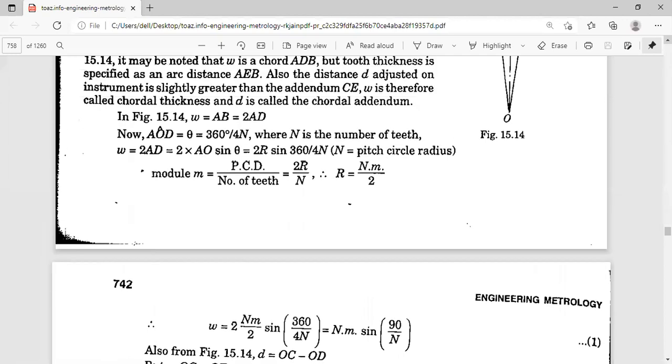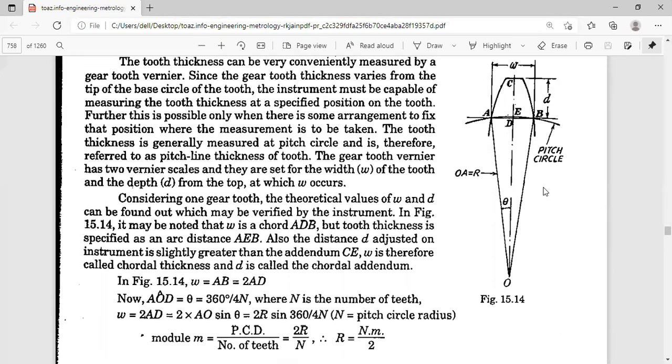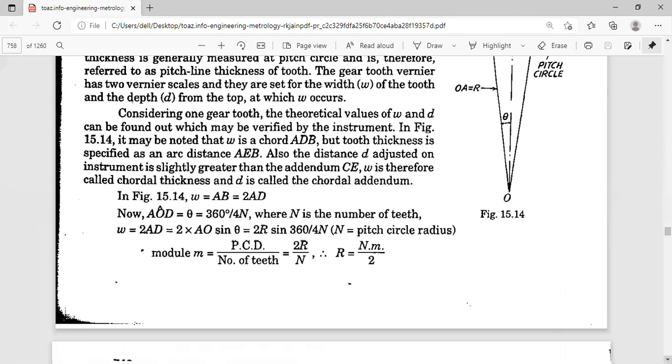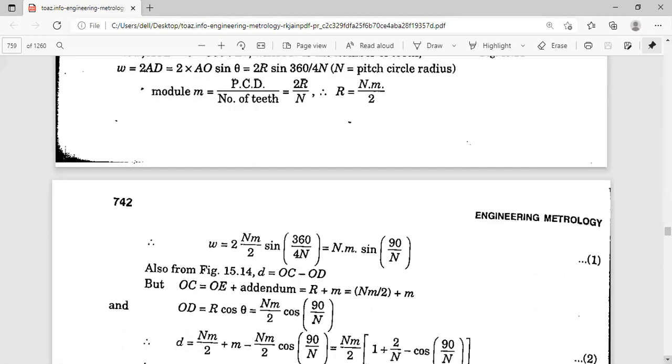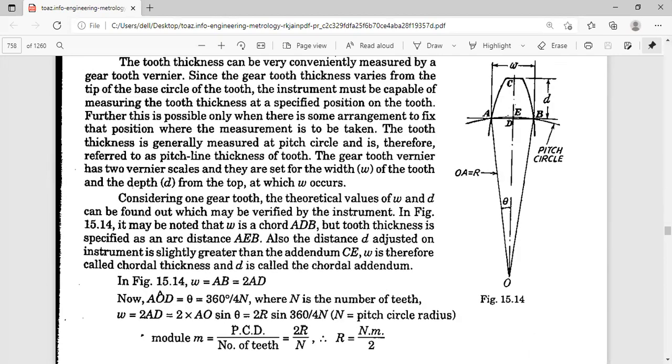What is D? D is equal to OC minus OD. Because you want to get D, D is nothing but CD. So just try to see there. And what is OC? OC is equal to OE plus the chordal addendum.